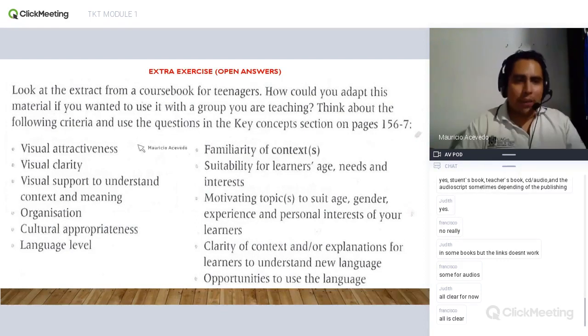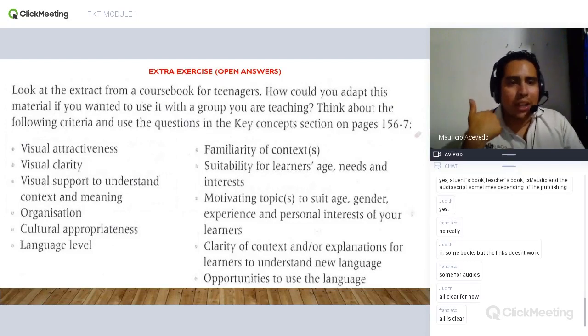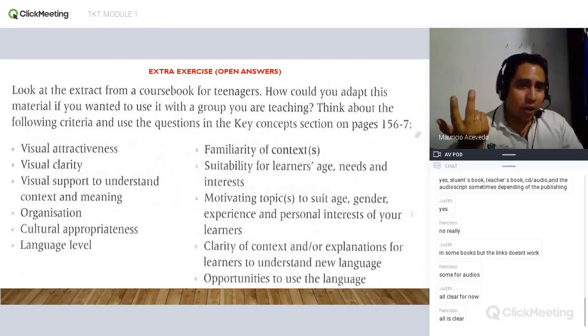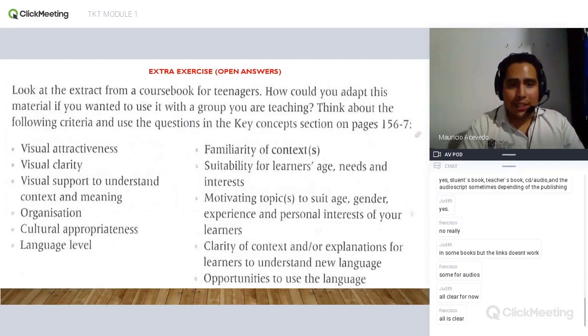So here we have different criteria. We have visual attractiveness, visual clarity, visual support to understand context and meaning, organization, cultural appropriateness, and language level.